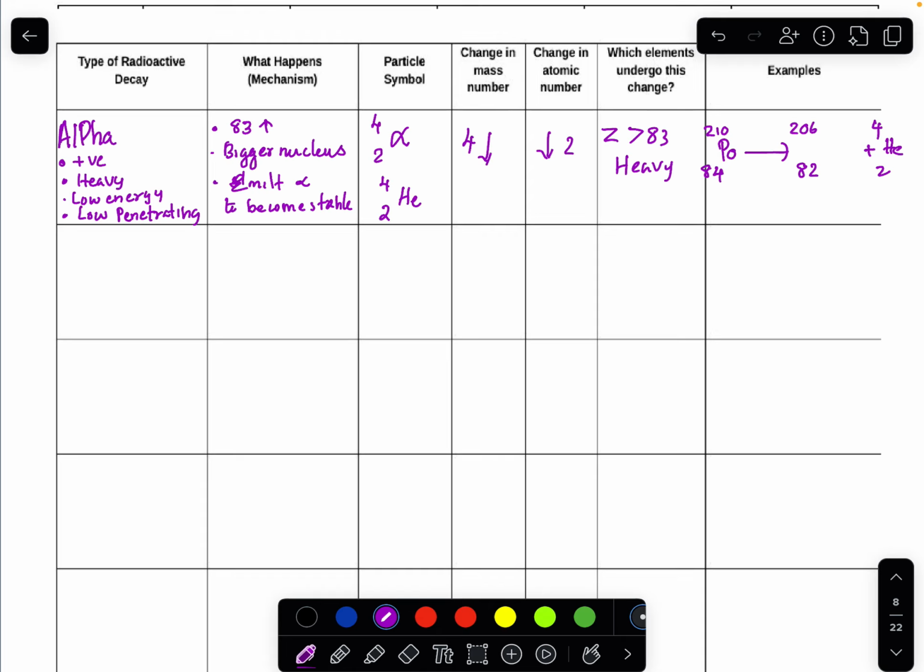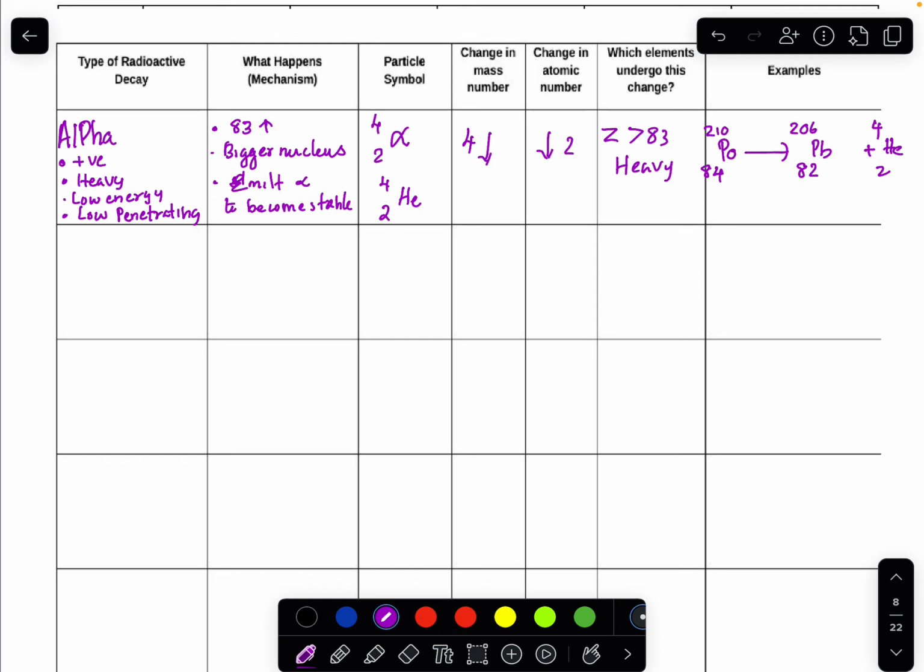What is the element with atomic number 82? Let me open a periodic table. Atomic number 82 will be Pb. So polonium is converted into lead 82, 206.